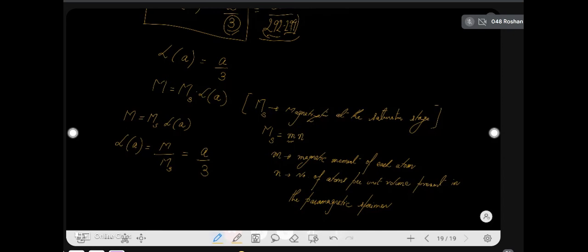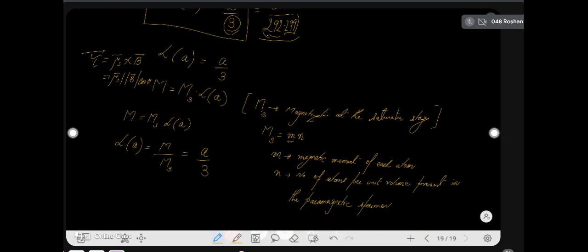When I was discussing with you in the class about torque, tau, which is responsible for the orientation of the magnetic moment in one direction, this torque tau is equal to mu s cross B. If we write it in magnitude form, it is the magnitude of the spin magnetic moment multiplied by the magnitude of the applied external magnetic field and the angle theta between the direction of the spin magnetic moment and the applied field.